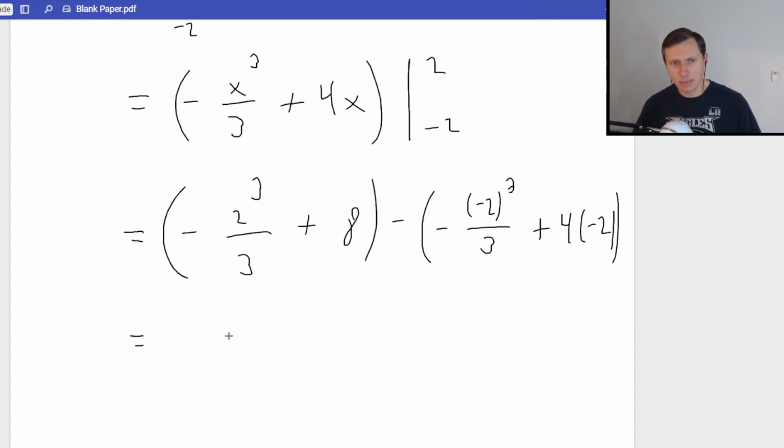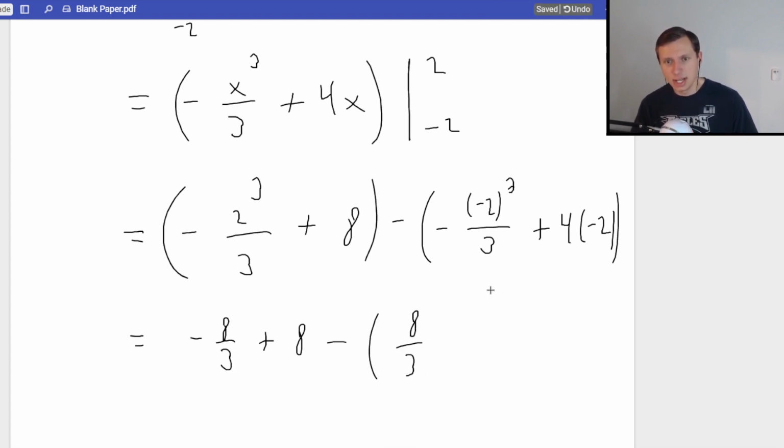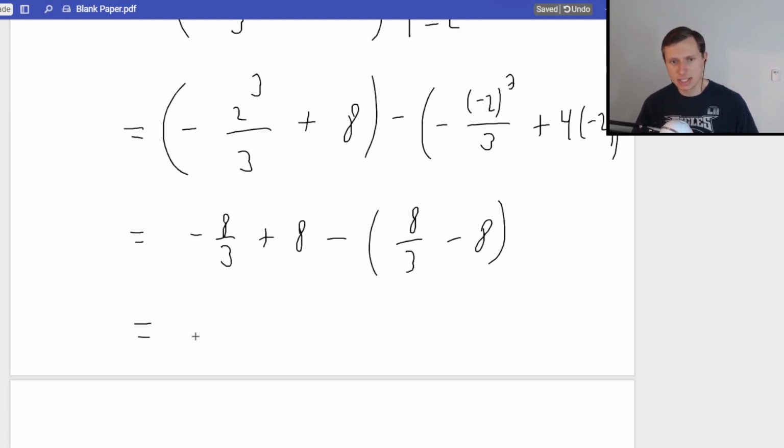Let's see what we get here. I'm going to get -8/3 plus 8 minus quantity. -2 cubed is -8/3, but then the second negative makes it +8/3. And then plus 4 times -2 is -8. I'm going to combine this and distribute the negative. It's going to be -8/3 plus 8 minus another 8/3 plus 8.